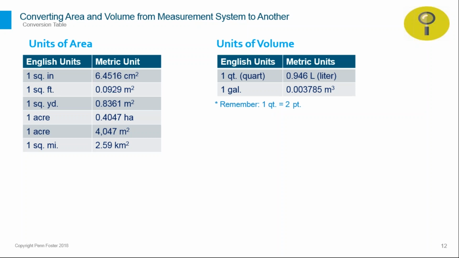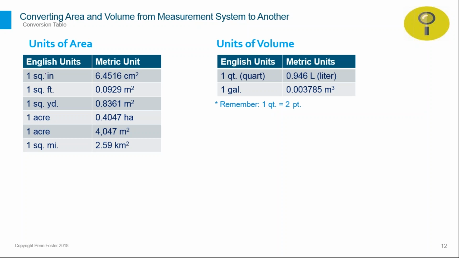And then we give the equivalency in square meters. And instead of starting with 1 square meter, which we cannot imagine in our mind, and then getting a fraction of a square foot, that would be tough to imagine. So I always have the English unit convert to metric units.